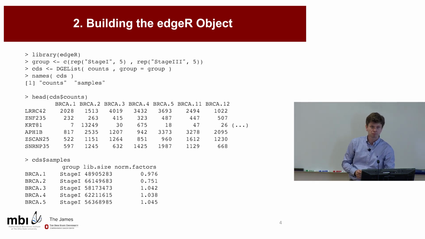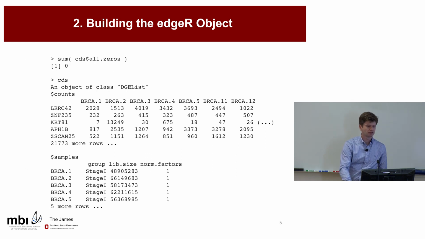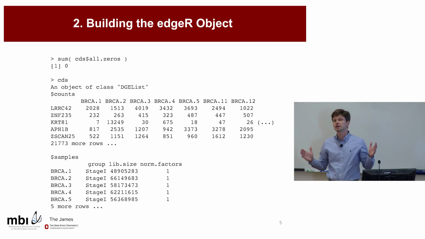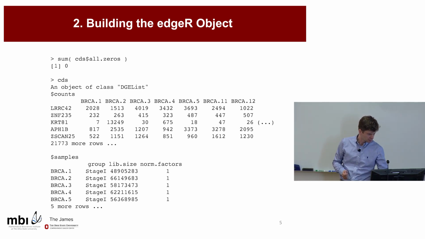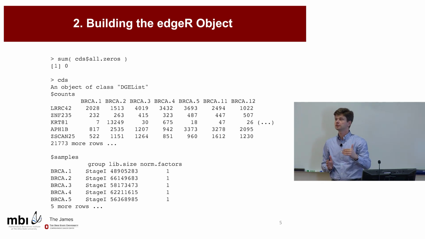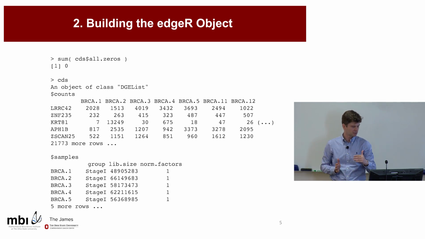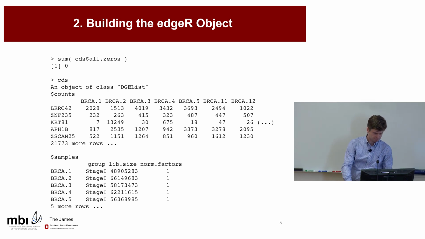Yes, so this is the first thing. And here you can check how many samples there are and how many genes contain 0 counts, and in this case it should be 0. And when you type CDS, this is basically a brief overview of the data included in this object.